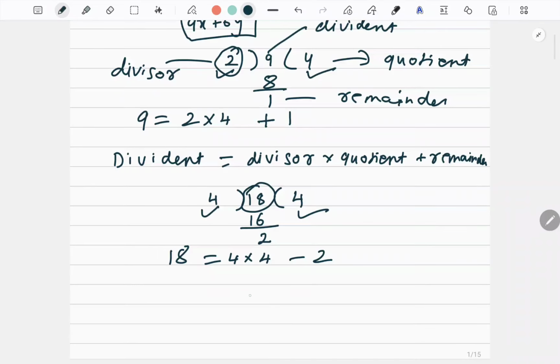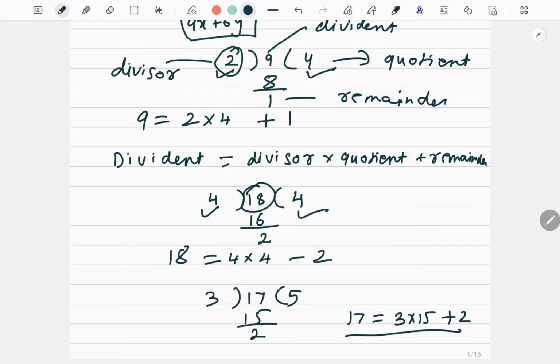Correct. One more example. Suppose you have 17 and I am asking you to divide by 3. 3 5s are 15, 2 is the remainder. So 17 is 3 into 5 plus 2. This is the only game we will be playing in all the questions. If you are clear with this concept, congruence will be very easy for you.